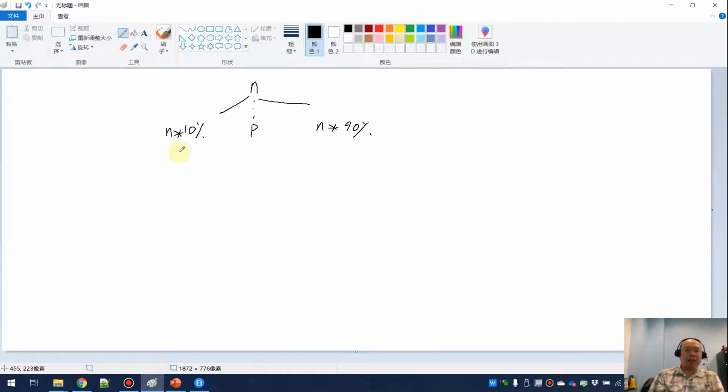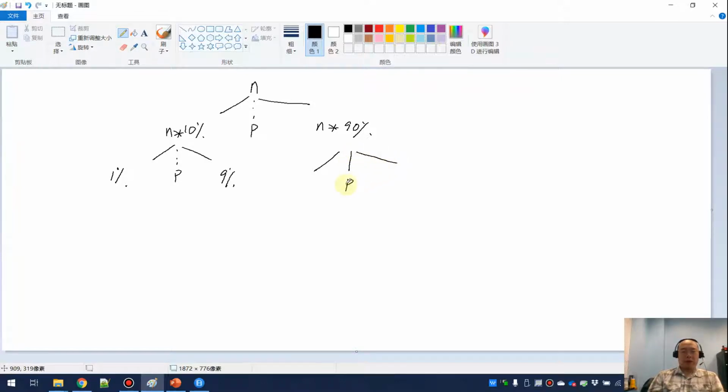After that, let's do another partition. For another partition, if we have another pivot, then 10% on one side means we only have 1% on one side, and we have 9% on the other side, right? That is for the partition of this one. And how about this one?